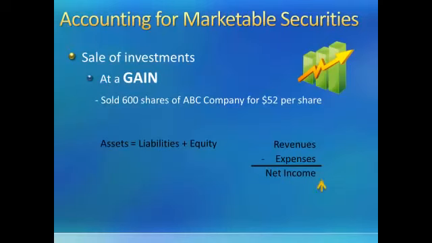When we sell stock at an amount greater than the purchase price, we will have an increase in a gain. A gain is like a revenue, which will also increase net income and increase equity. We're selling the securities and receiving cash, so our asset cash will increase, but we're giving up our stock, so our investment will decrease.